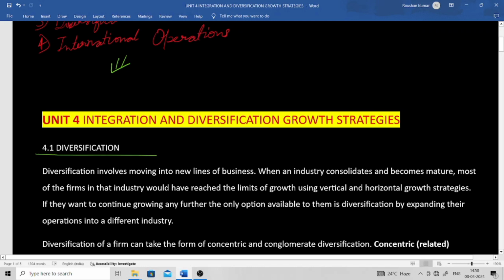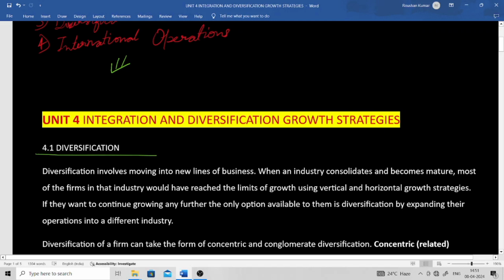When an industry consolidates and becomes mature, most of the firms in that industry would have reached the limits of growth using vertical and horizontal growth strategies. Whenever an organization reaches those limits, then if they want to continue growing any further, the only option available to them is diversification by expanding their operation into a different industry.